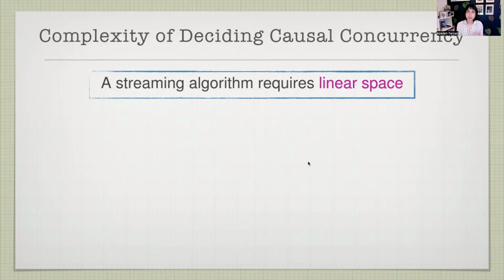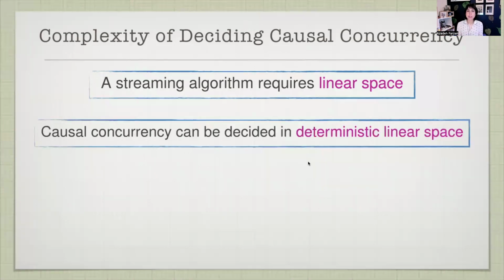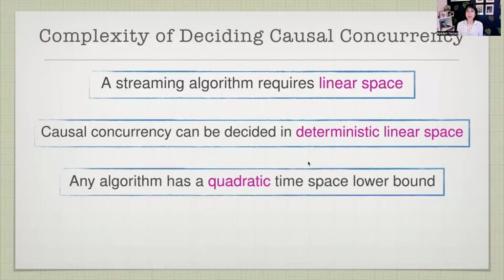But let me just briefly mention a bunch of other results that I will not get into that we studied. For example, the lower bound is linear space, but linear space is enough. So we can actually decide causal concurrency in deterministic linear space. Then we studied whether there is some tension between time and space, that if you give up on one, you get something on the other.